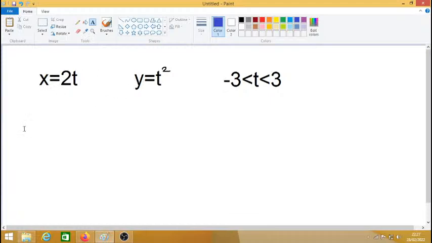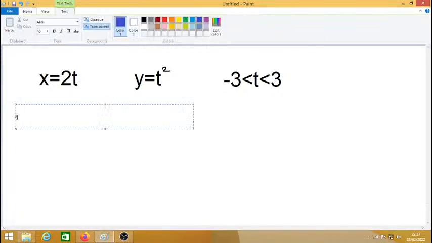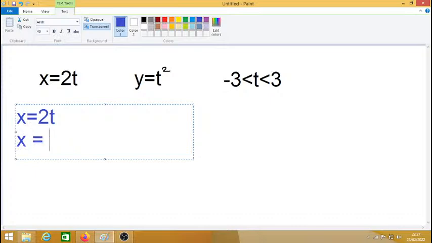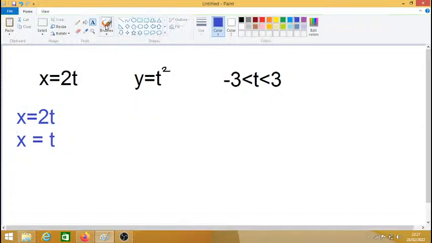And yes, we can. It's standard GCSE rearranging. So we'll take the first equation, 2t, we'll rearrange it for t, so that'll be x over 2 is equal to t. So now I've rearranged my equation and I've got it for t as the subject. And now I can substitute that into my second equation.